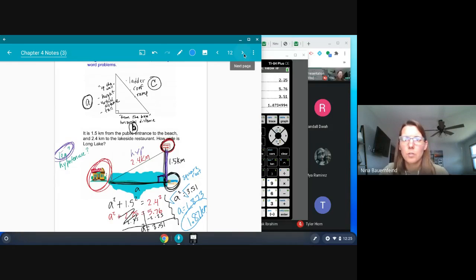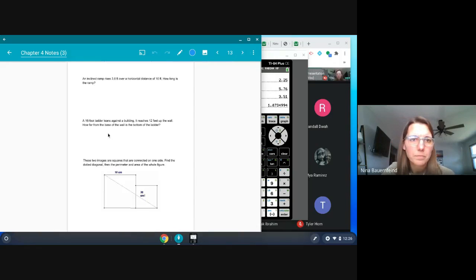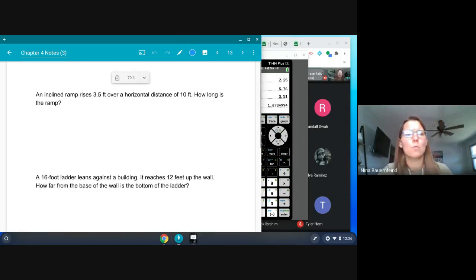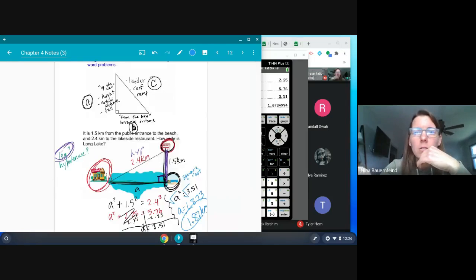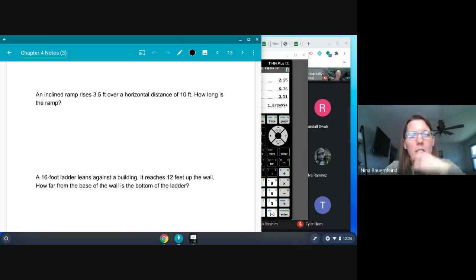All right, so if we look at the next one, it says an inclined ramp rises, is up the side.